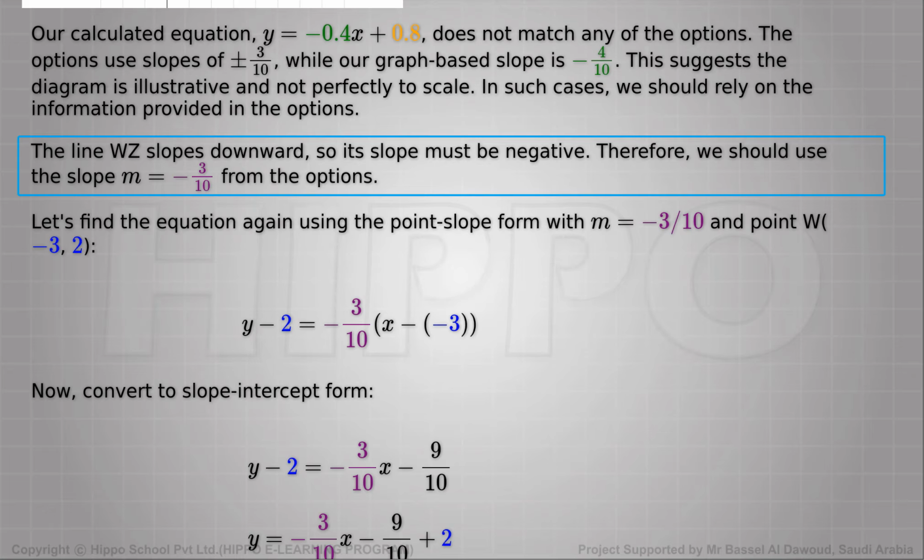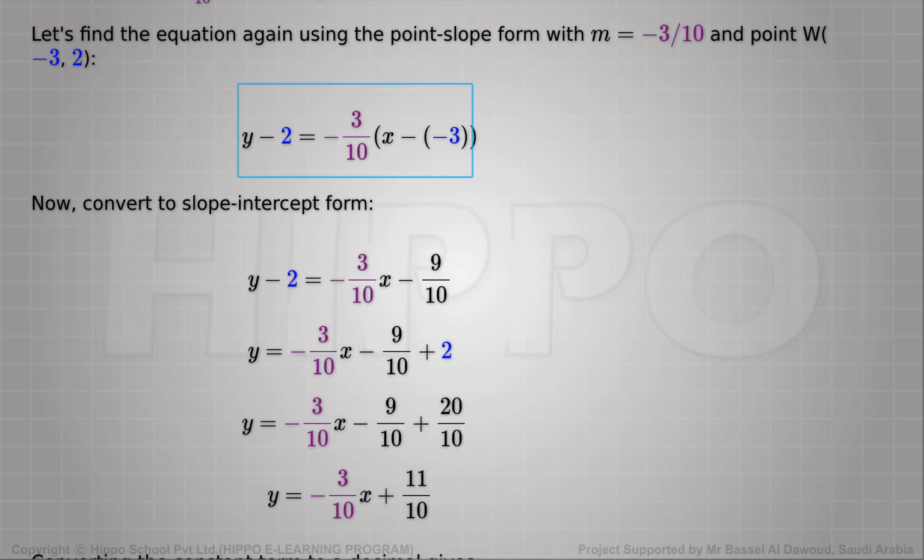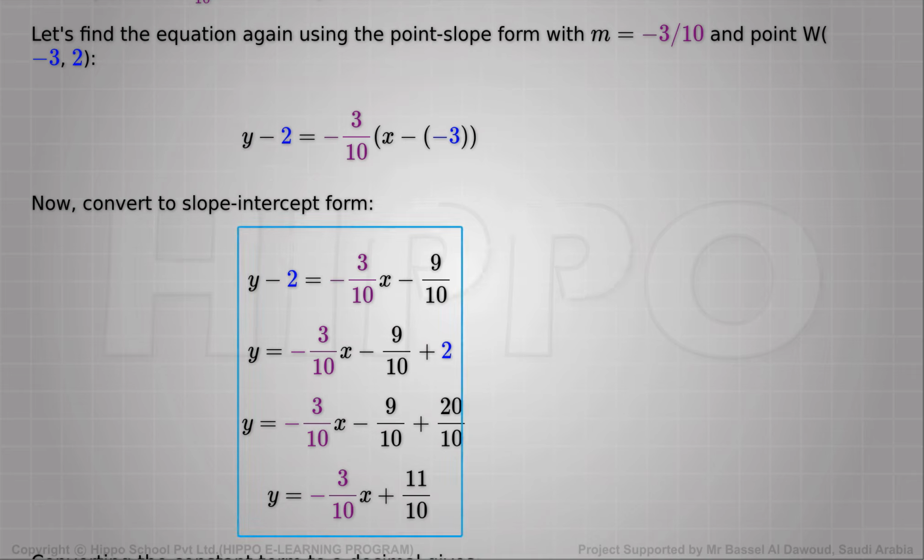Let's follow the new math. Using the point-slope form, we have y minus 2 equals negative 3/10 times x plus 3. Distributing the slope gives us y minus 2 equals negative 3/10 x minus 9/10. Now, add 2 or 20/10 to both sides. Y equals negative 3/10 x minus 9/10 plus 20/10.